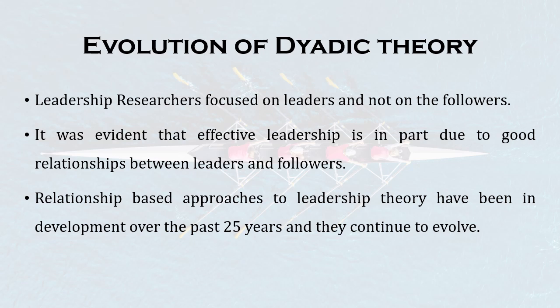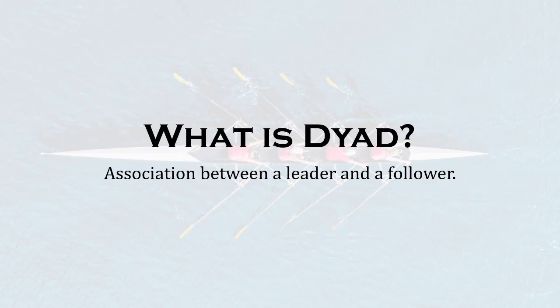How the evolution of dyadic theory has happened, we'll see in the next slides. Before seeing the evolution, let's understand what we mean by dyad. Dyad is basically the association that prevails between a leader and a follower. Basically, it is the relationship between a leader and a follower.